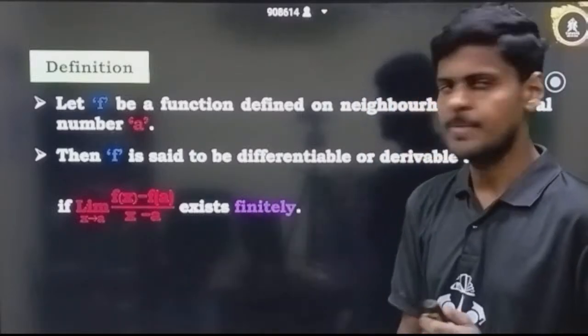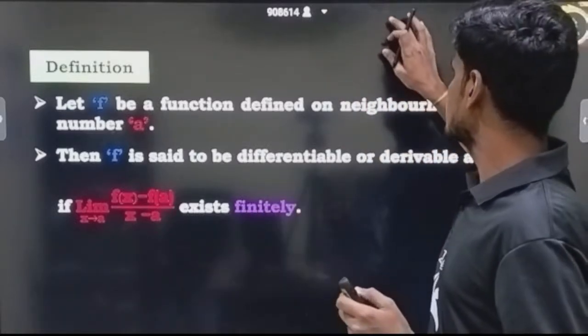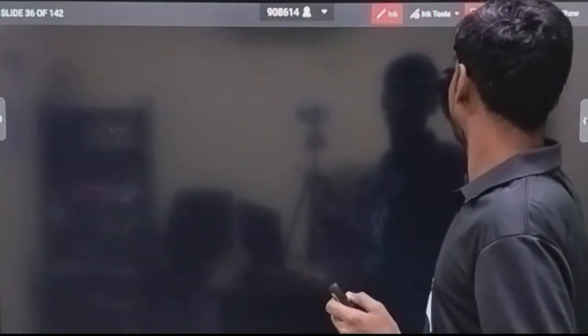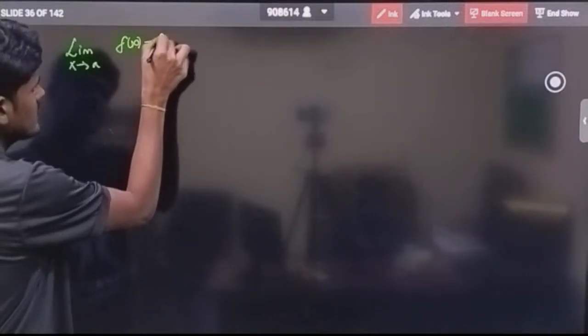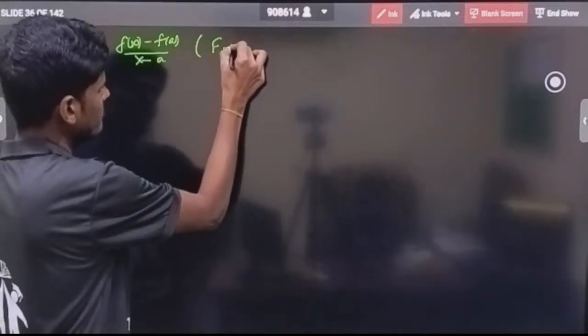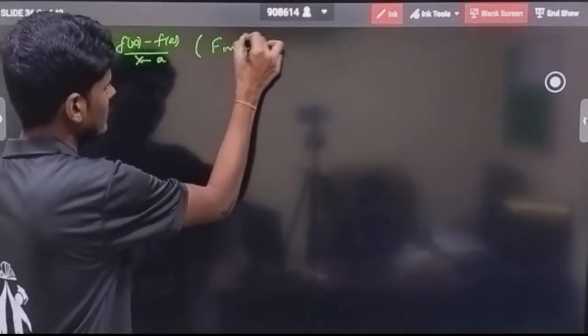That word is very important. Just write this: the limit exists finitely, meaning it is a finite value.